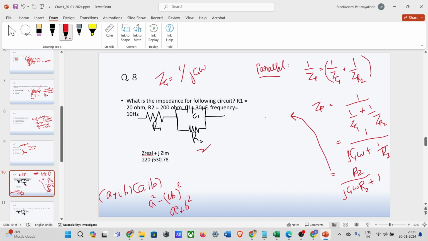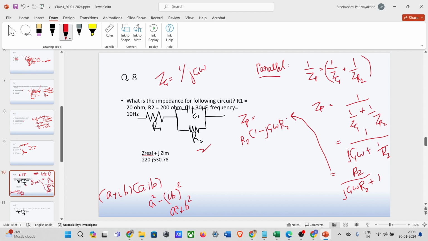So I'll get Z parallel as R2 times 1 plus JC1 omega R2, and I am multiplying by 1 minus JC1 omega R2.